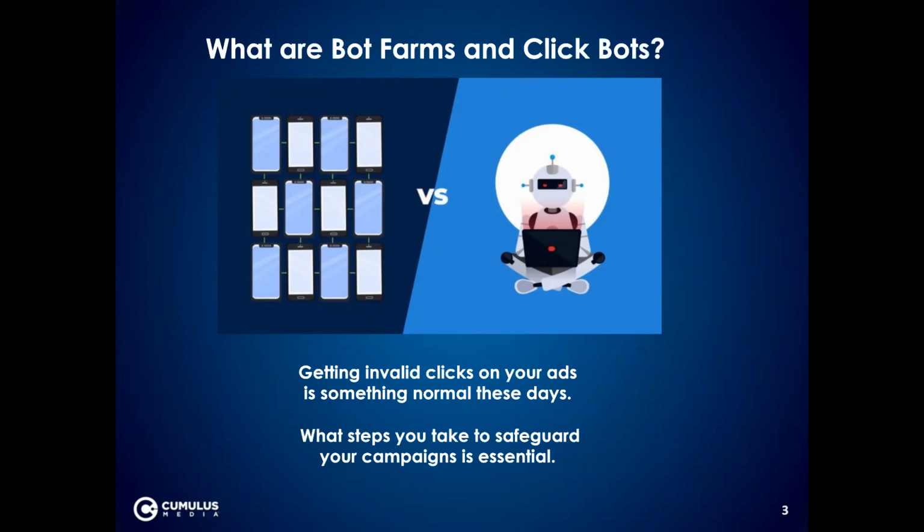A more advanced version of a click bot, by the way, can learn and evolve through machine learning. And click bots are purchased and developed in-house by many digital advertising agencies to generate these invalid clicks to, unfortunately, have you think you're doing better than you actually are online.